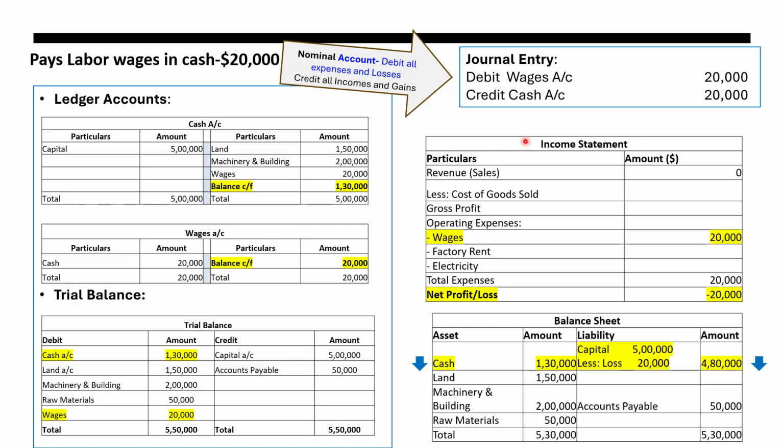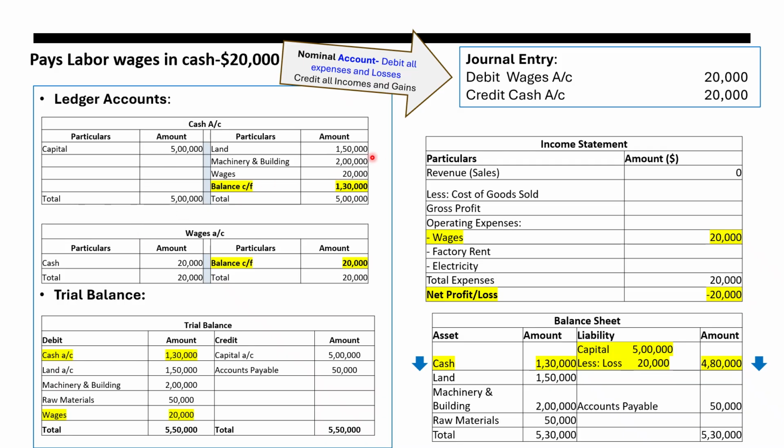When posted to ledger accounts, it touches the cash account, which already has many entries. Here, last is crediting the cash account for wages amount of 20,000, and wages account is a new ledger account. There's only one entry here. This is the first entry where you have debited wages account with a cash payment of 20,000.